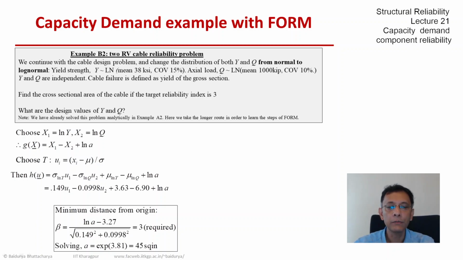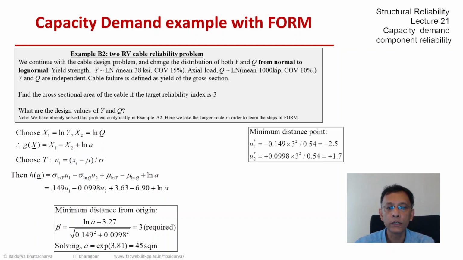So this is the minimum distance, and now we can find the coordinates of the minimum distance point, and that is respectively minus 2.5 and plus 1.7. So the similar thing as we saw before is that the most likely point for the strength variable is lower than the mean. It's near the left tail.